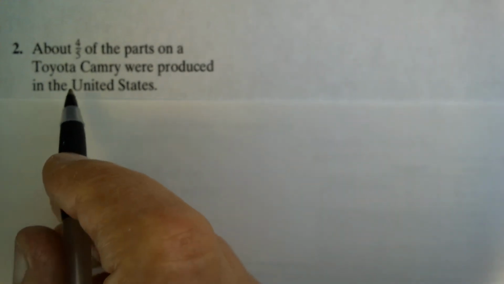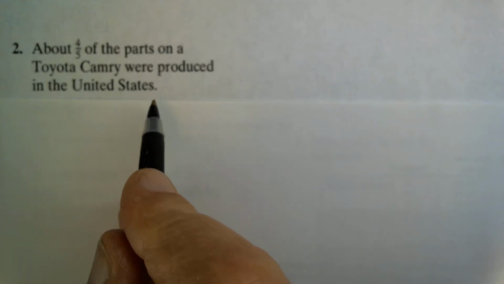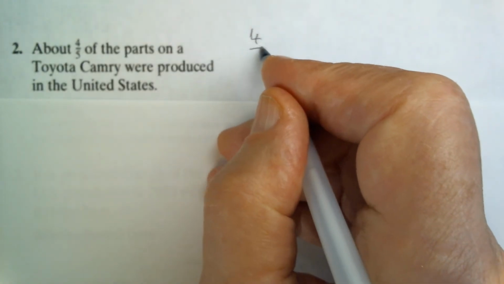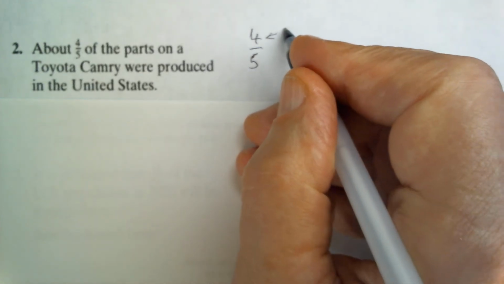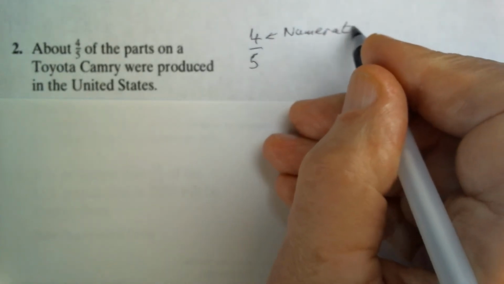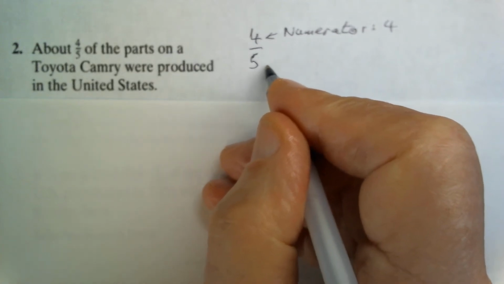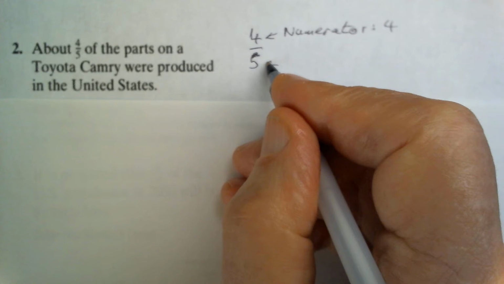Exercise 2 states about 4/5 of the parts on a Toyota Camry were produced in the United States. So again, we have 4/5, and again, this is the numerator. And this number 5 is the denominator.